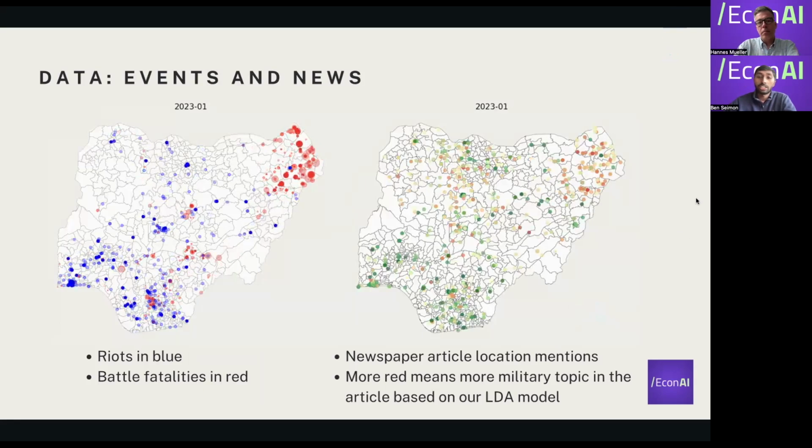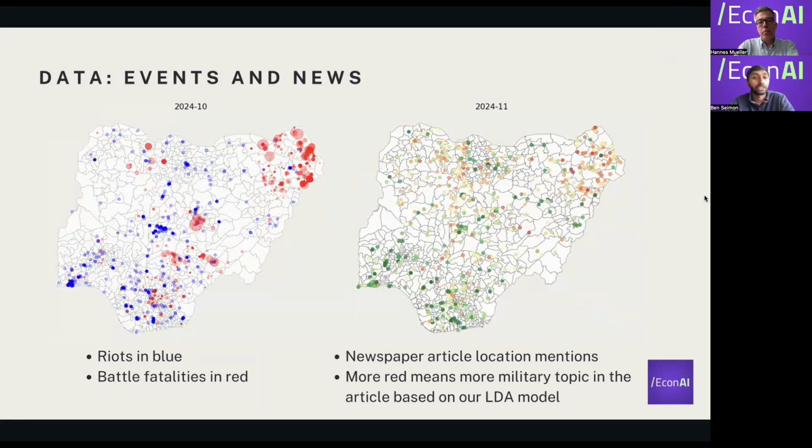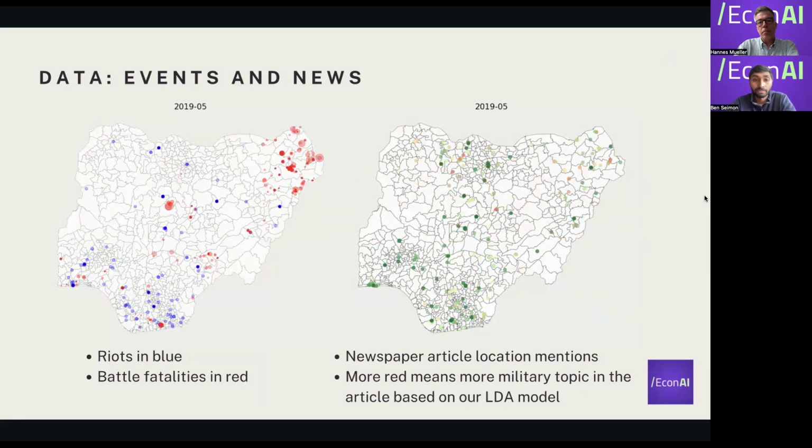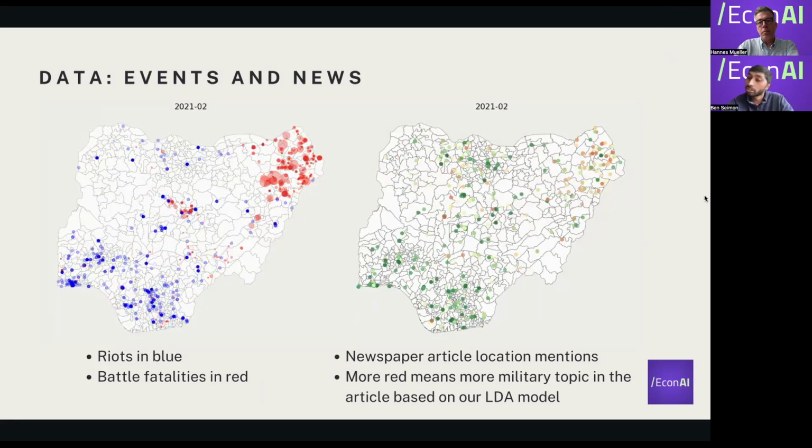So here you see on the left-hand side, riots appearing as blue dots and battle fatalities appearing as red dots for Nigeria. And on the right-hand side, you see where we are geolocating newspaper articles. Increased red means that that article is talking a lot about a military conflict.